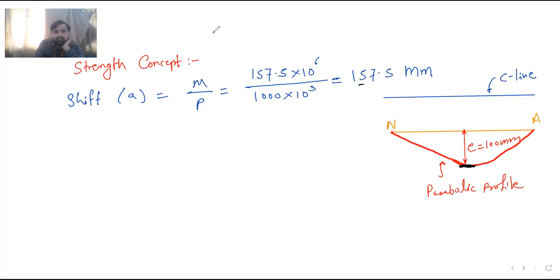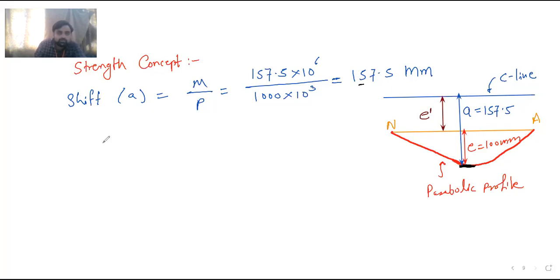This total shift, A, is equal to 157.5. This distance is E dash, the eccentricity of the C line from the neutral axis. If this total is 157.5, out of which eccentricity is 100, then E dash will be 57.5.